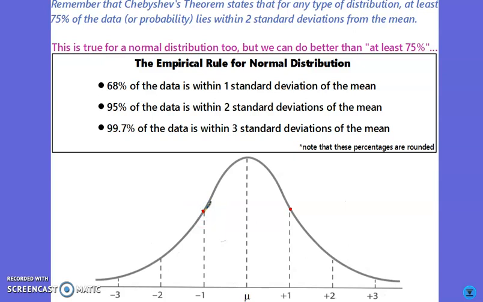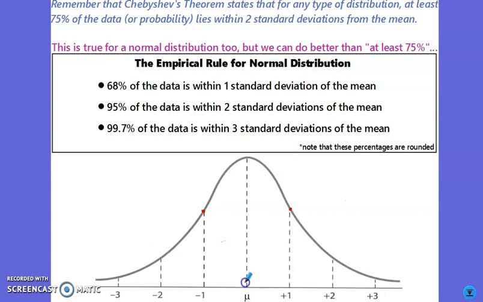Well, there's actually an even stronger rule than Chebyshev. If you know it's a normal distribution, it's called the empirical rule. It says 68% of the data is within 1 standard deviation of the mean. So remember, we're talking about the area under the curve.